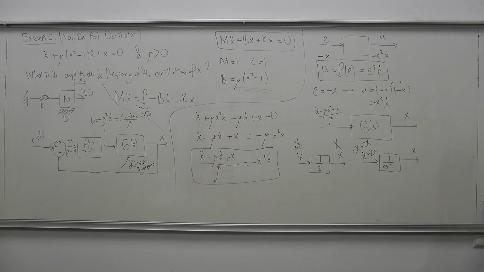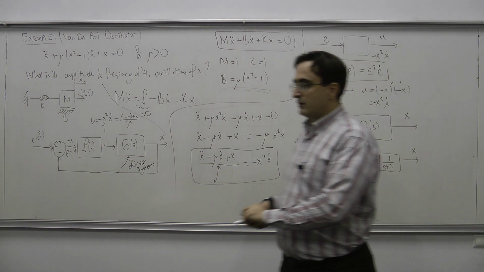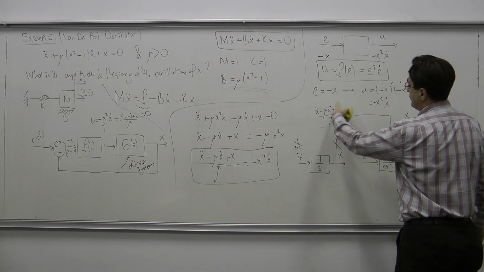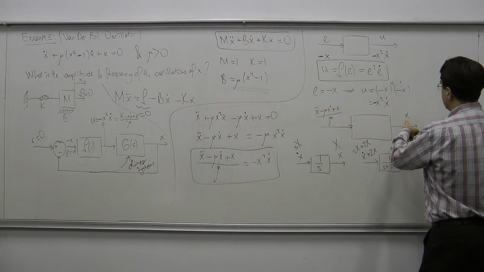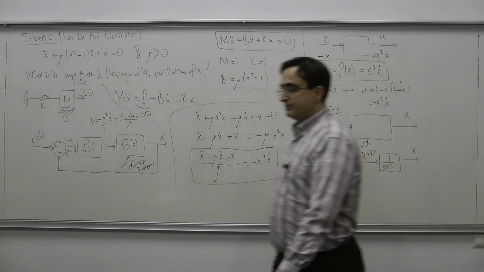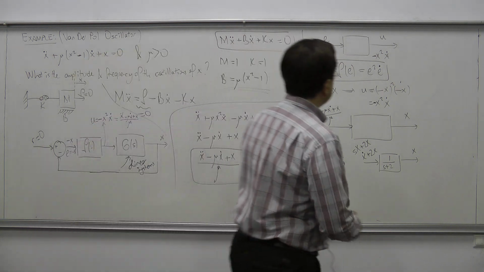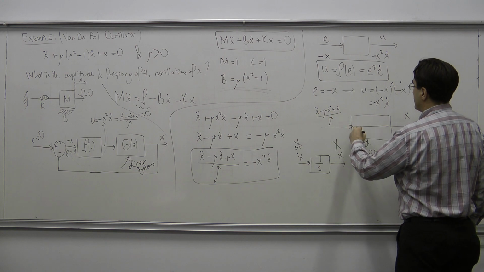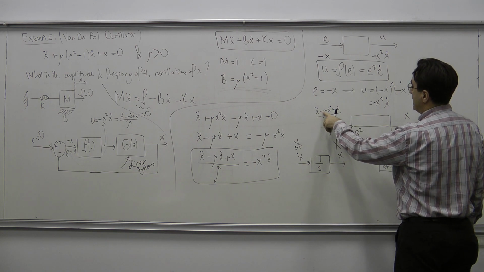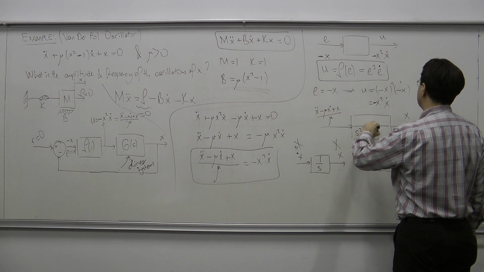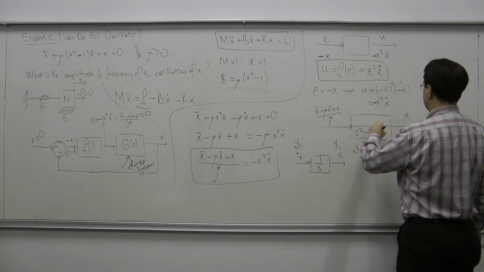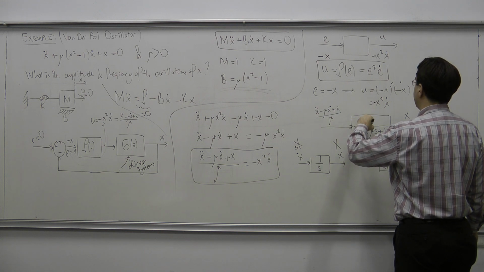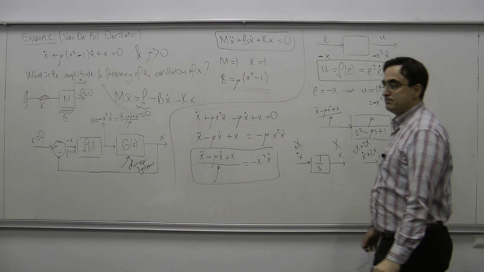Okay? So then tell me, this G of s, which would convert this signal into this one. So we see that here, in the denominator, I need to have s squared minus mu s plus 1, okay? Just similar to this one, okay? And in the numerator, I need to have mu. All right?